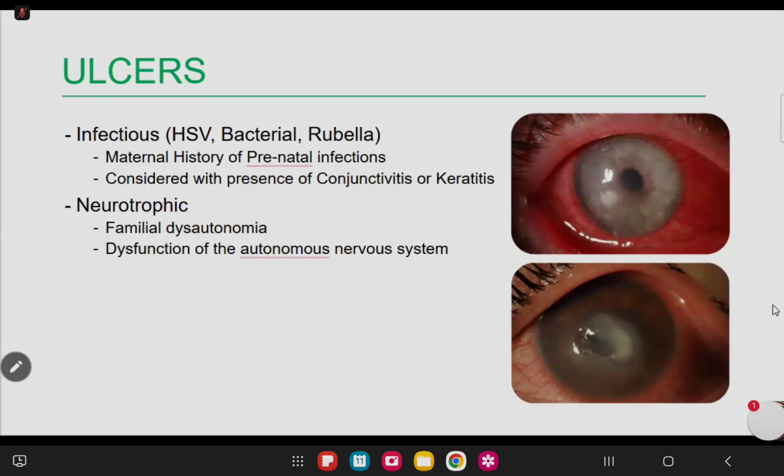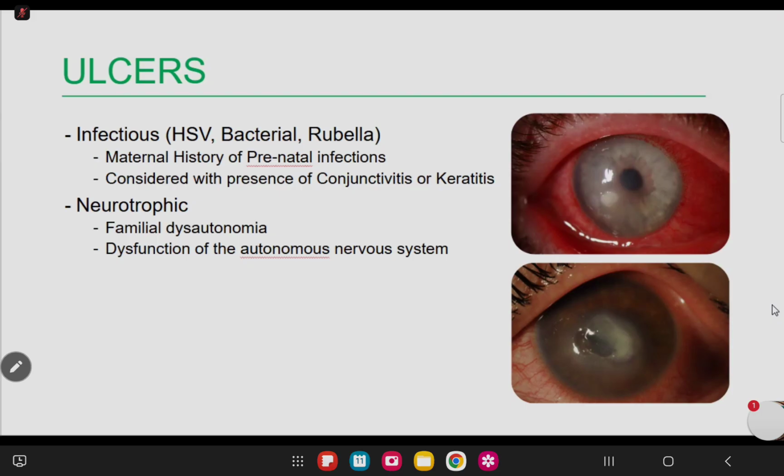Next form for your STUMPED is your ulcers. You have your infectious and neurotrophic ulcers. Infectious could be caused by bacterial or viral, most commonly by your HSV or your rubella virus.